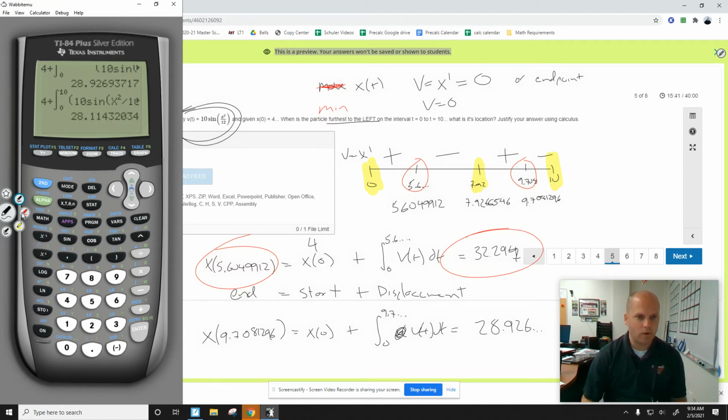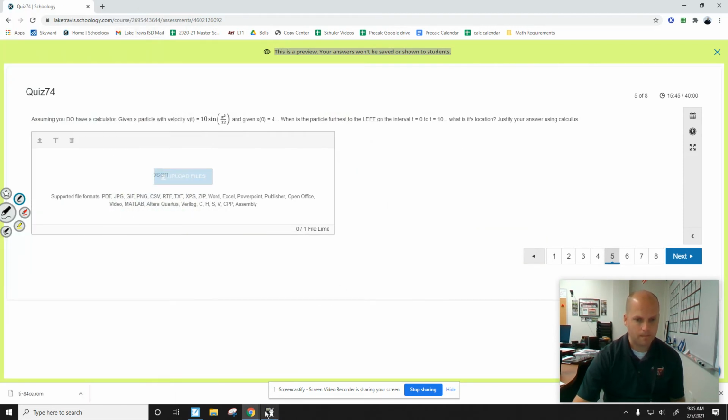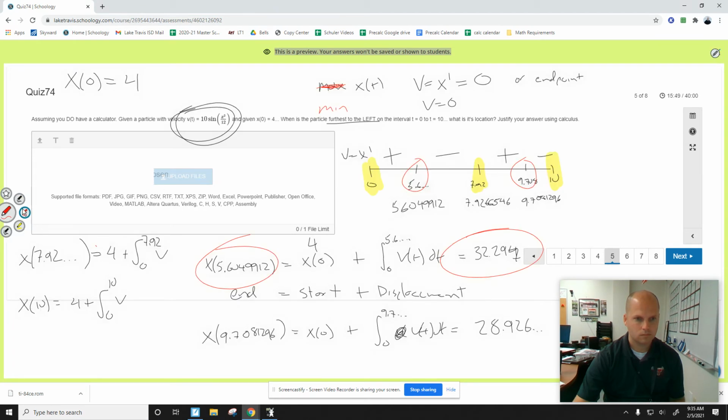I got 28.11. That obviously is not the min. I'm thinking this could be the min, but let's figure out what's going on at 7.92.